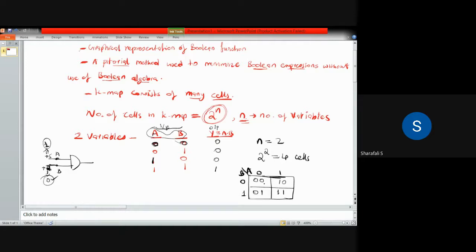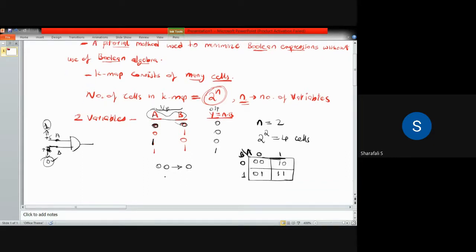And each of these, 0, 0, 1, 0, 0, 1, 1, 1, represents the address of each of these cells. Now, if you convert these binary values into decimal, then 0, 0 is nothing but 0 in decimal. And what is 1, 0? 1, 0 is nothing but 2.